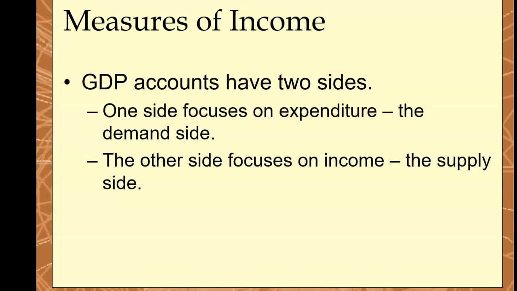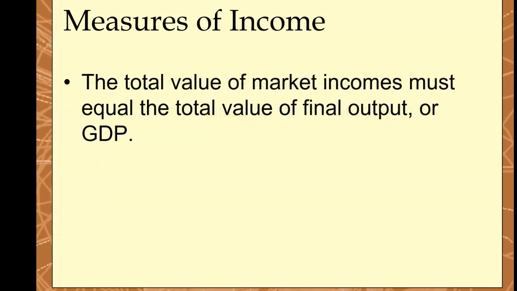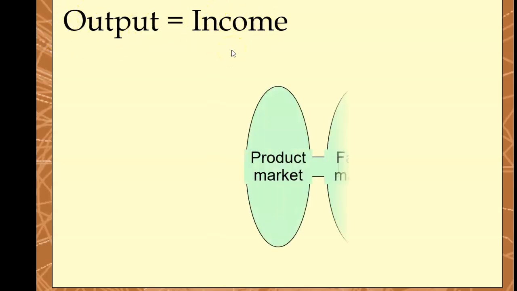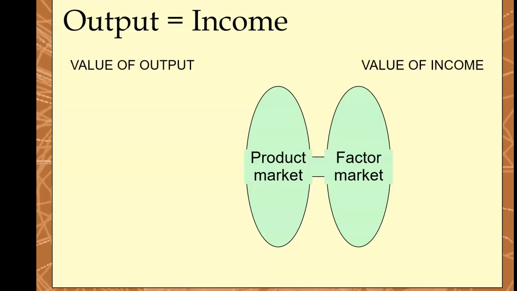That must equal all of the spending for that particular output. So they're two sides of the same coin. The total market value of income must equal the total value of all output, or GDP. So the value of all output equals the income earned in the production of all that output.